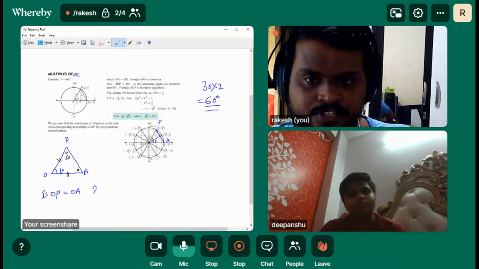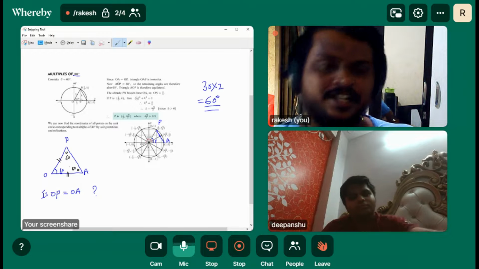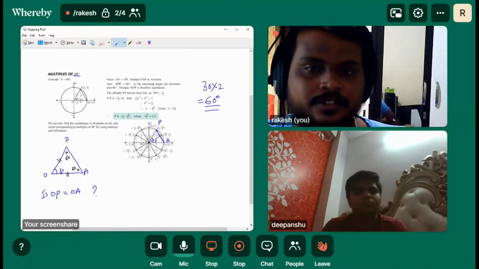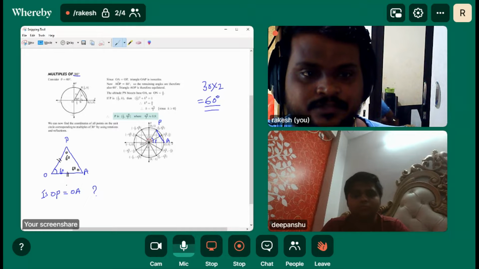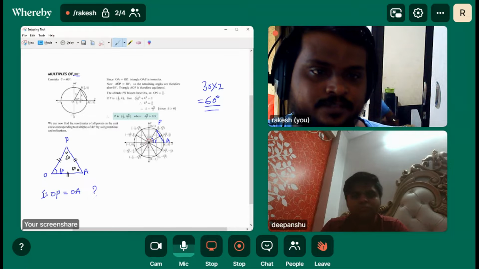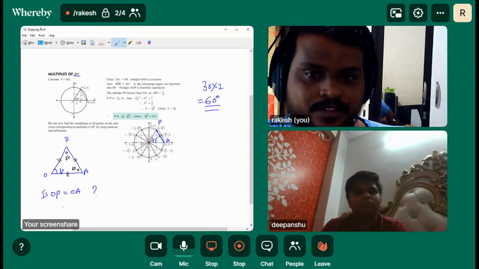So this becomes 60. So this triangle is basically, is it still an isosceles triangle, or has it become an equilateral triangle, right? So this becomes an equilateral triangle because each angle is 60 degree.